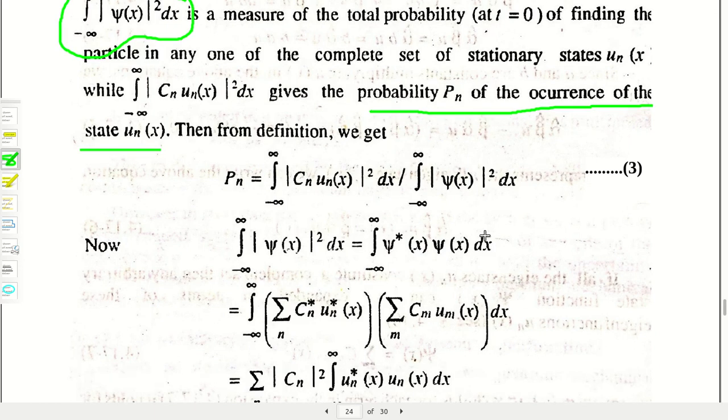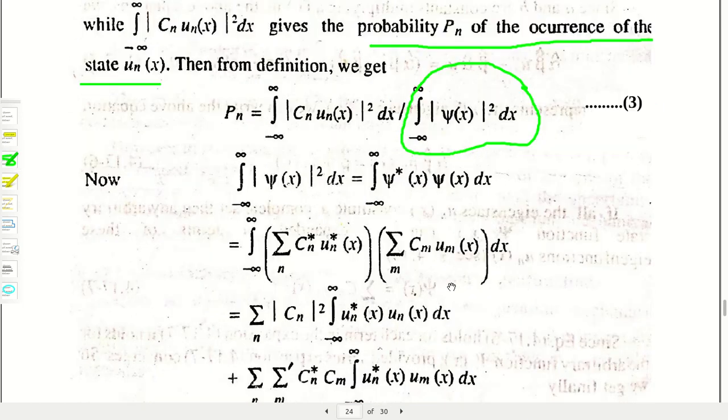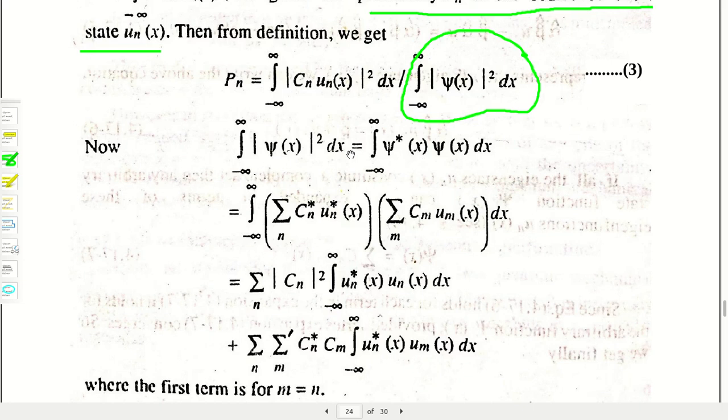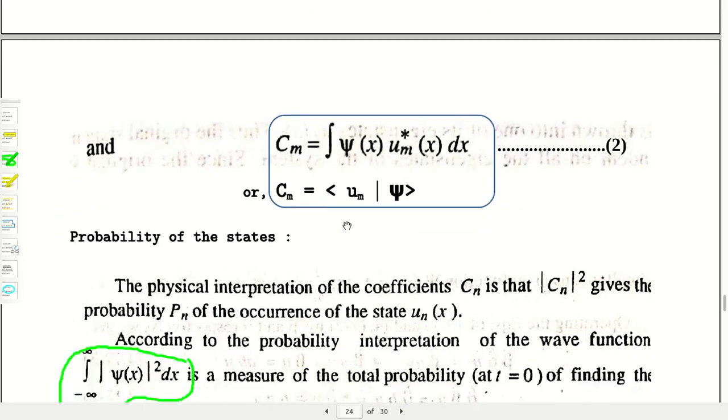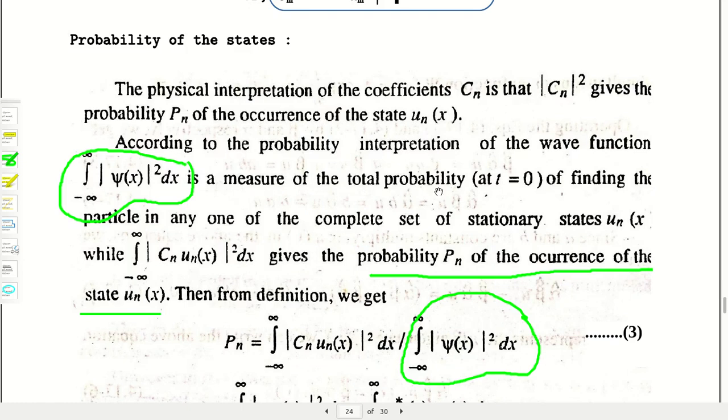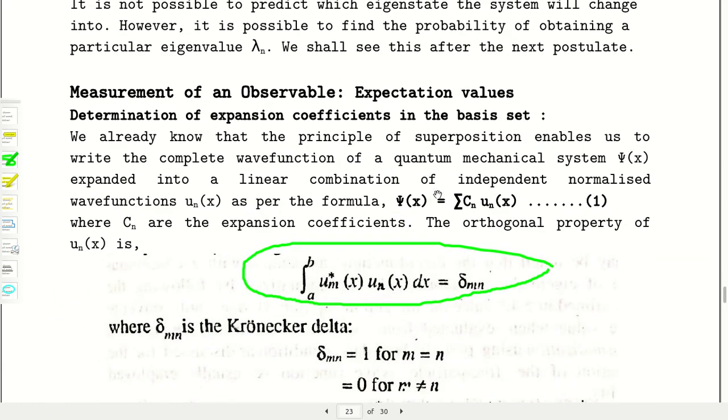Now let us do some mathematics. How? Mod psi square dx, look at this integration only. Okay, this is written over here, and here mod psi square can be written as psi star psi dx. And now in place of psi and psi star, you can replace the basis set expansion formula, that is your Cn un. It is not written here, it is written at the very beginning.